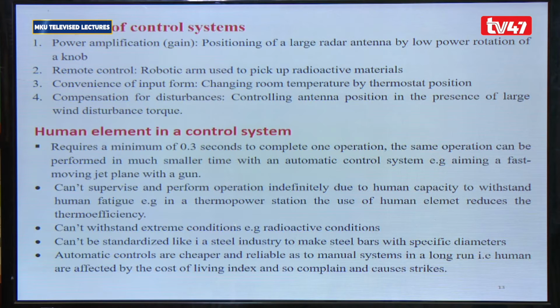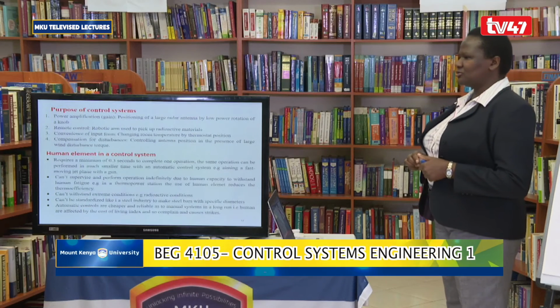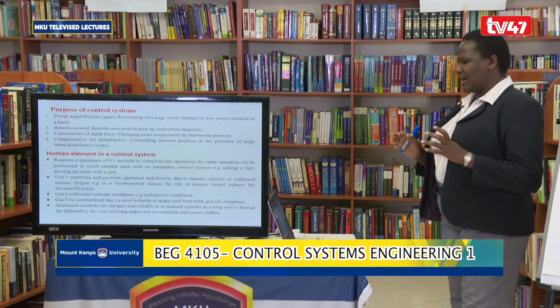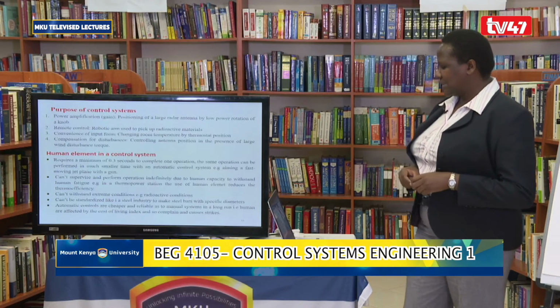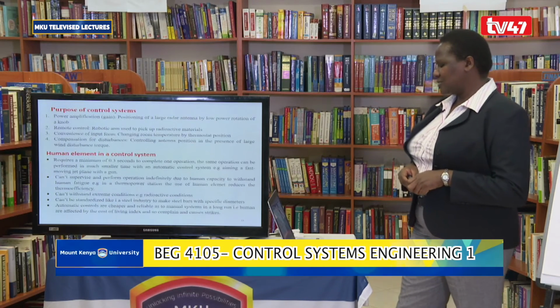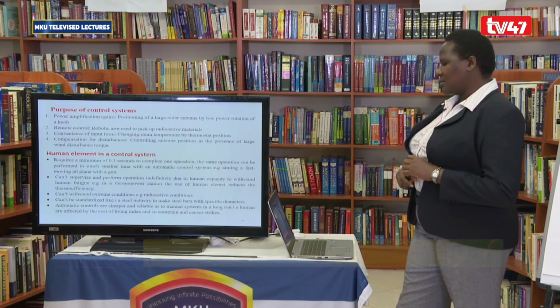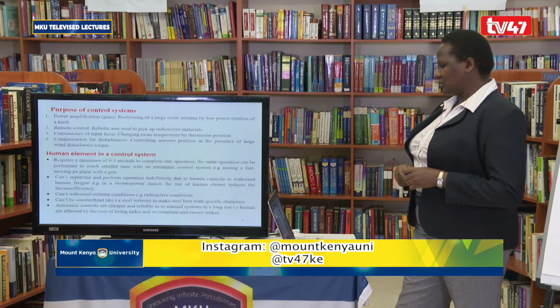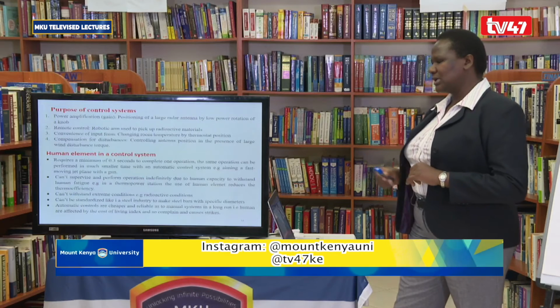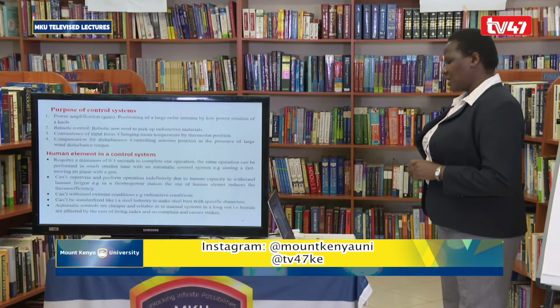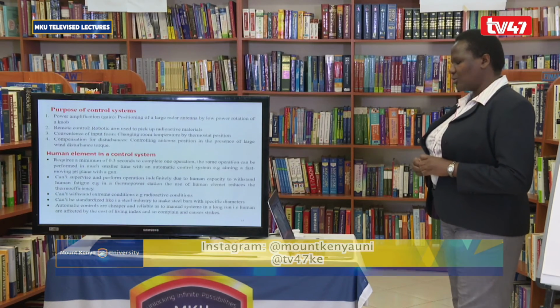Now we can say that a human person can require a minimum of 0.3 seconds to complete one operation. Now this is just an operation maybe which was done, and it was found in a study that for it to complete one operation, we need 0.3 seconds for a human being to complete it.